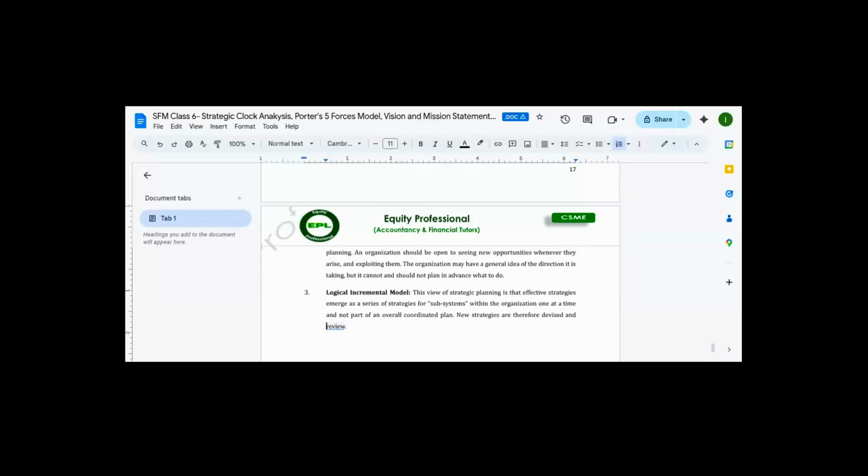For instance now, in the logical incremental model, let's assume today is Sunday. By tomorrow, very early tomorrow, there is a change in government policy with respect to VAT or interest rates or policy on importation or exportation or offshore business.